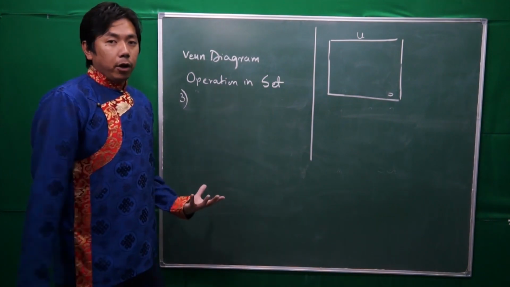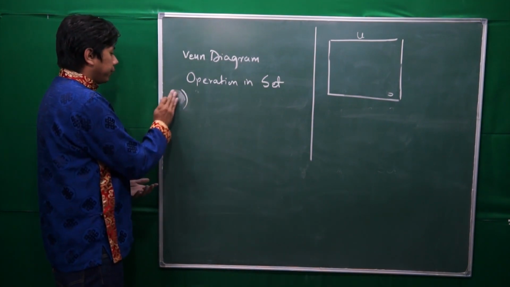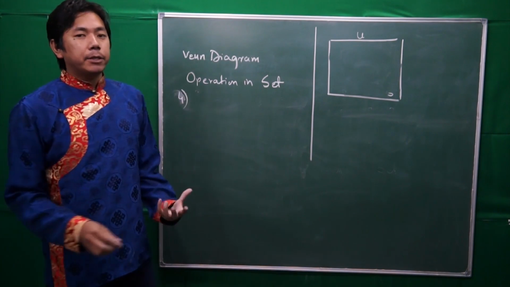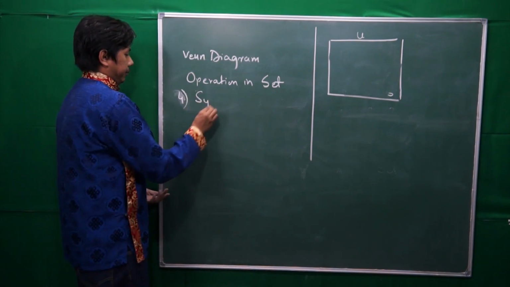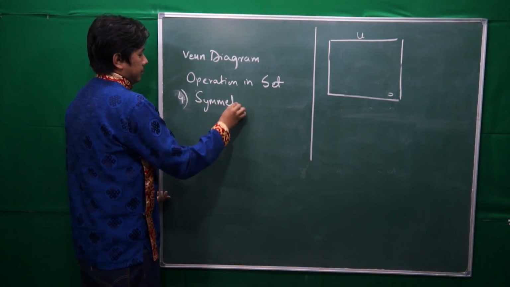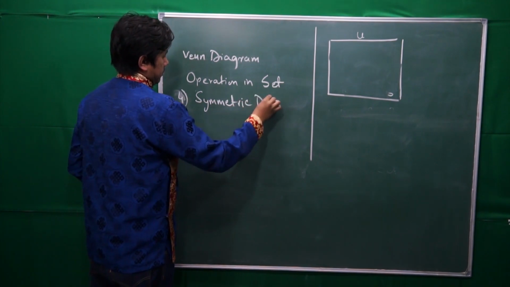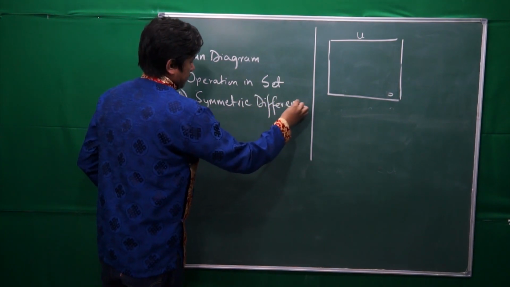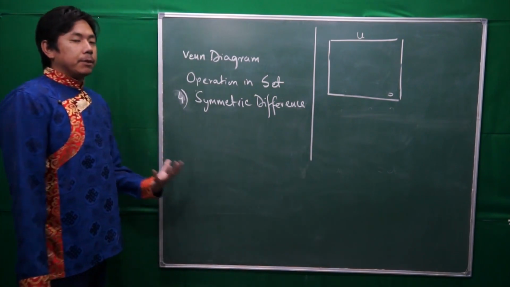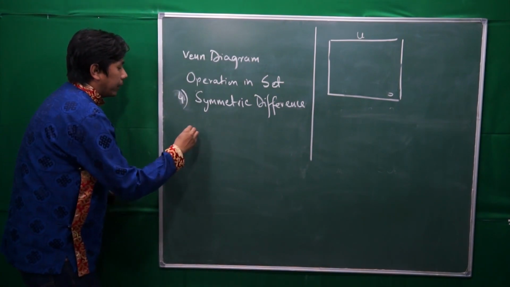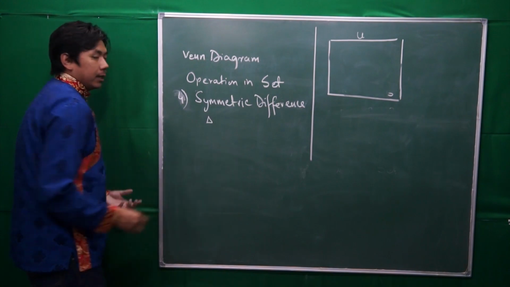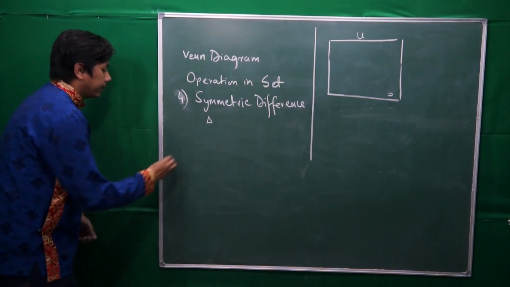So next we are going to talk about the fourth operation. The fourth operation is symmetric difference. So by symmetric difference, we represent it in the form of a triangle, okay, delta as we call it.